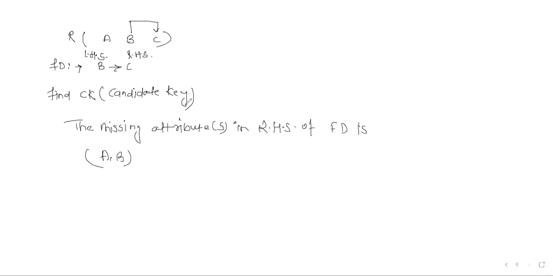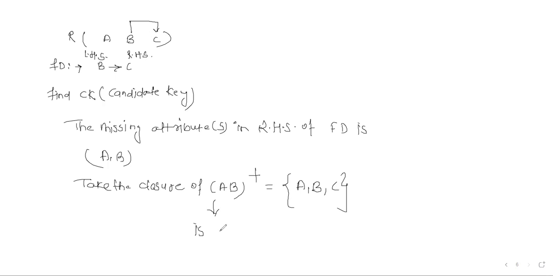So if you are asked to find any key attribute, you need to start searching from the elements which are not available on the right hand side, and combine them. A alone cannot generate all the attributes. Similarly, B alone cannot generate. It requires the combination. So take the closure of AB, which is AB plus. With AB you can generate AB itself, and with B alone you can generate C. What is the meaning of this?